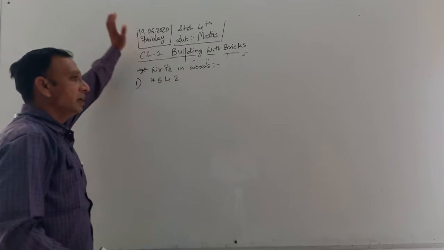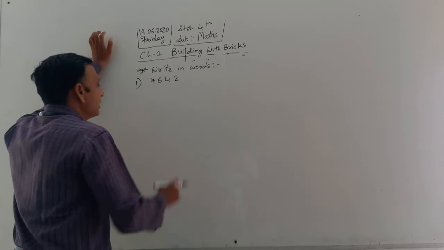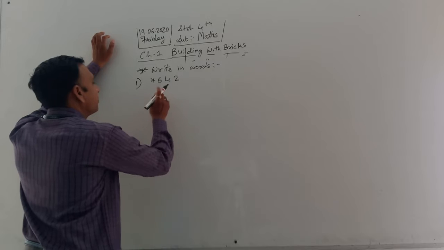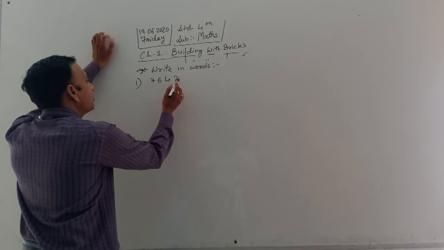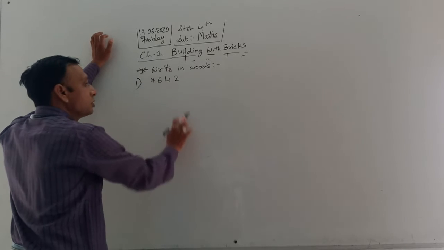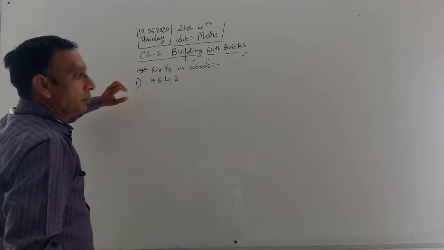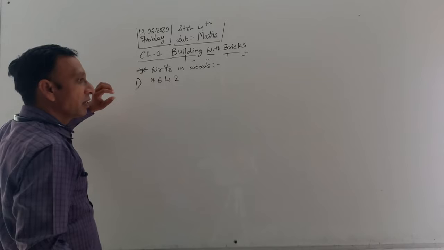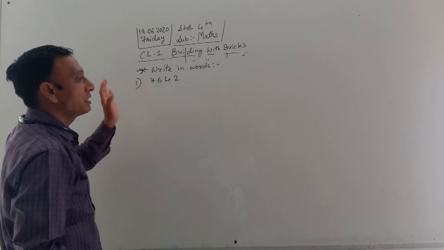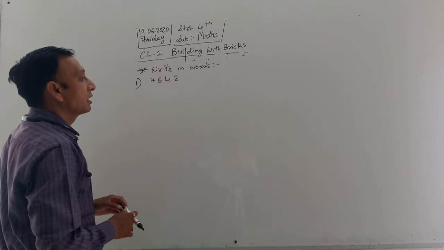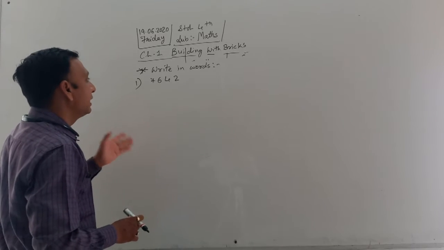Suppose this is the number and we are writing it in words. Now what to do? You have to see how many digits are there. So 1, 2, 3, 4. There are 4 digits. 4 digit means the smallest number is 1000, so it will start from 1000. And the 4 digit greatest number is 9,999.